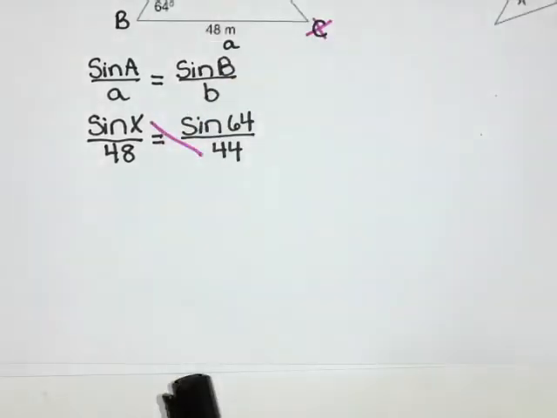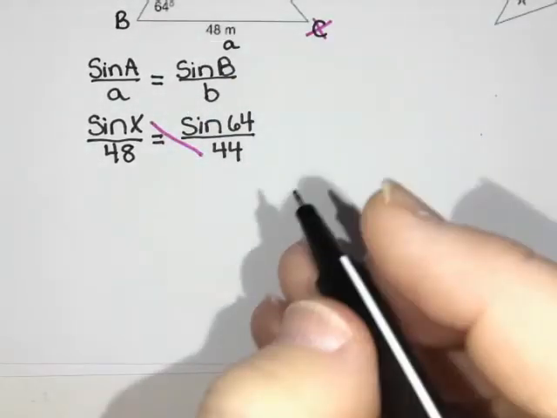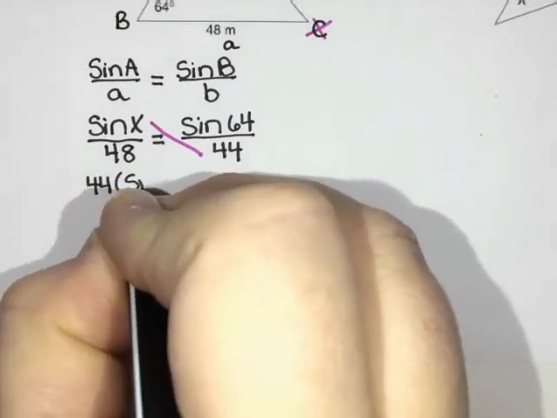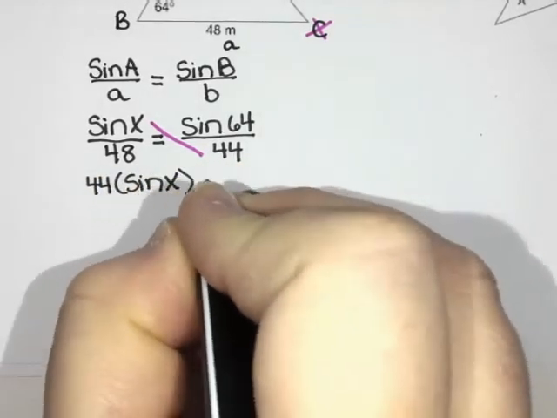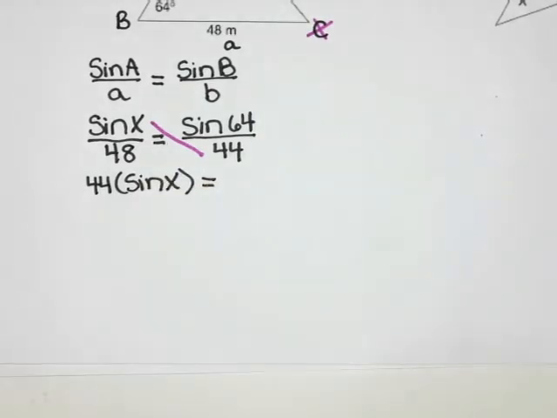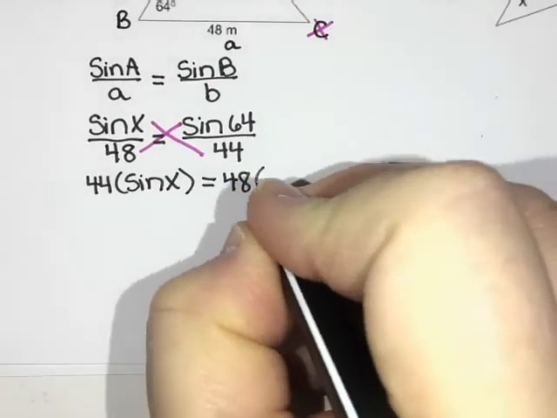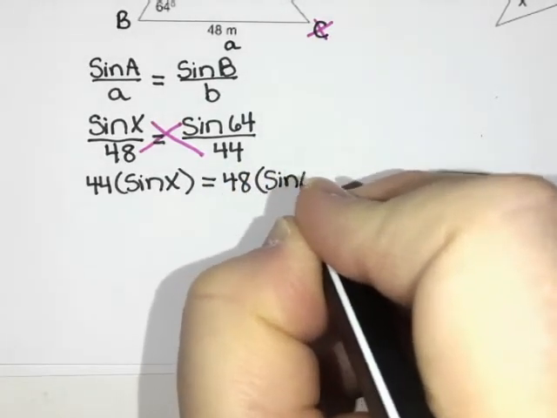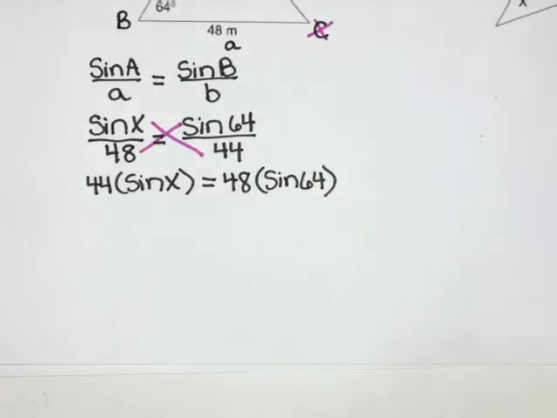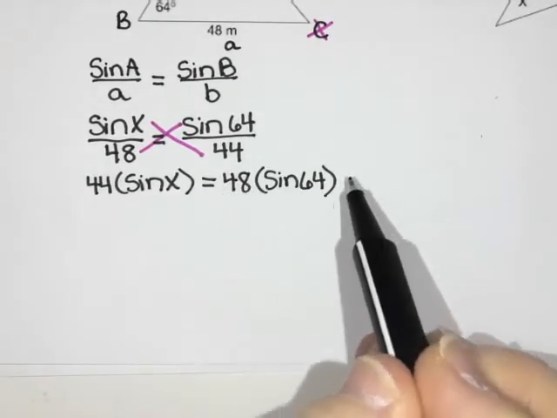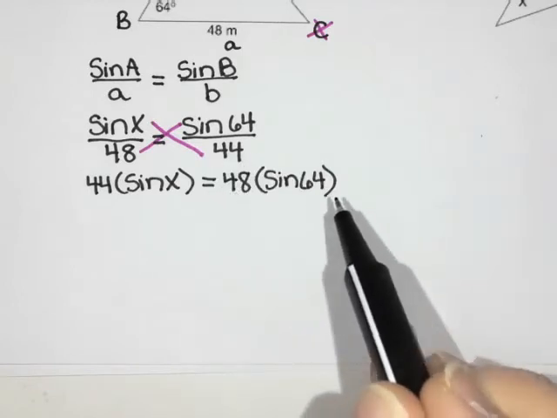So I'm going to do 44 times sine of x. And then I'm going to multiply the other side by 48. So 48 times sine of 64. Now from here, I could work this number out as a decimal, and if you want to do that, that's okay.